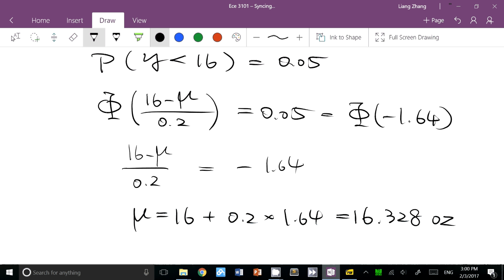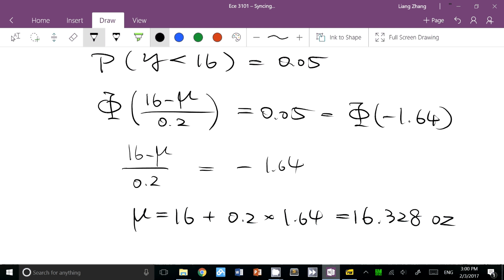So if you are the quality manager, then you will be talking to the operator of the process to tune up the filling volume average from 16 to 16.328. This way you allow a certain margin of error by raising the average.